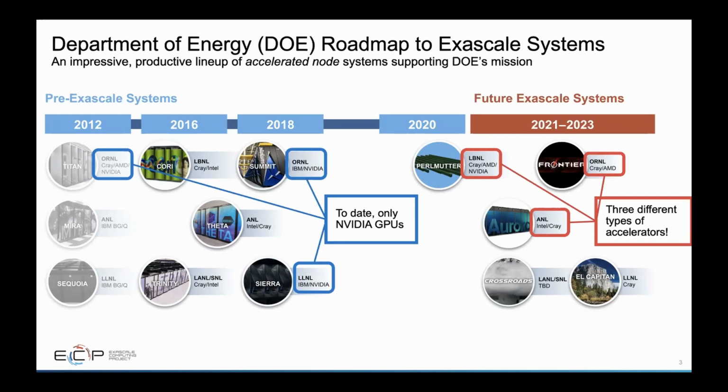So both Summit and Sierra are based on NVIDIA V100 architecture. And you can see that previous generations as well only had NVIDIA GPUs.